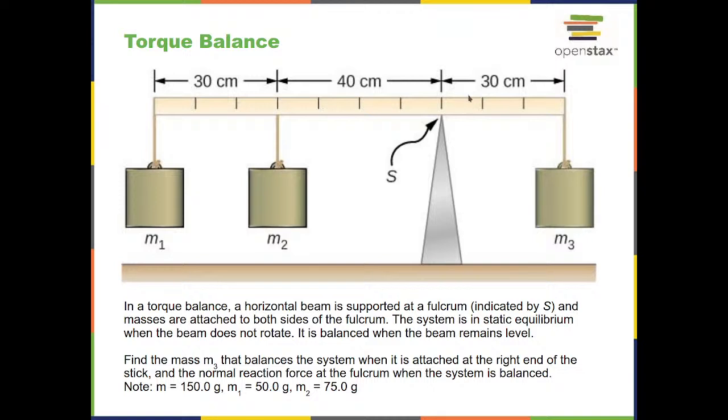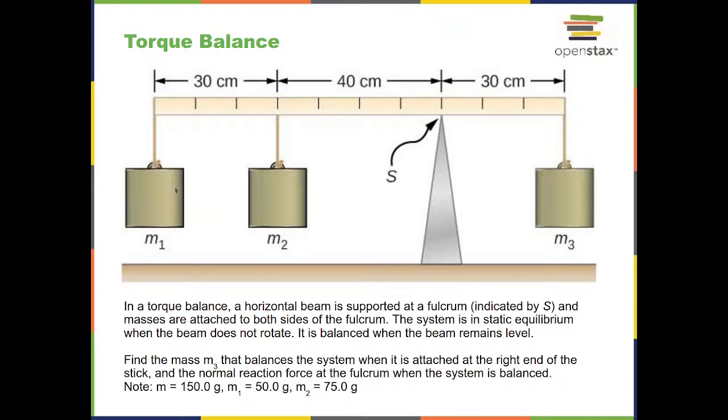So we have a meter stick that's balanced on this point here, at 70 centimeters from one side, 30 centimeters from the other side. The meter stick itself has a weight of 150 grams.